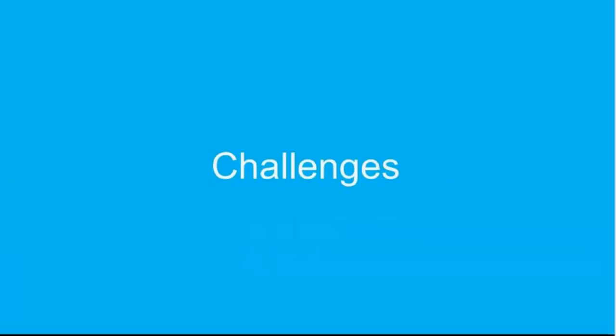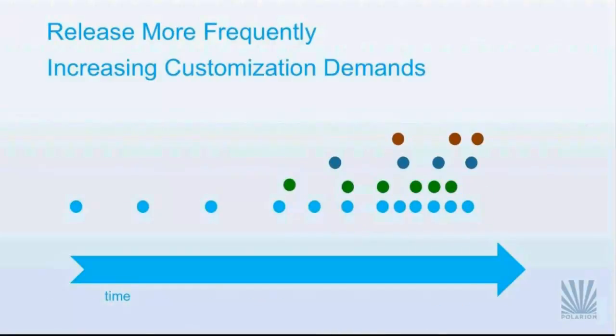Based on our experience with hundreds of customers, we see that the dynamics and challenges in software development have changed in the last 5 years. Organizations have to release more frequently. The users are requesting rapid innovations. They have to support more and more product versions or variants as a result of increasing customization demands.